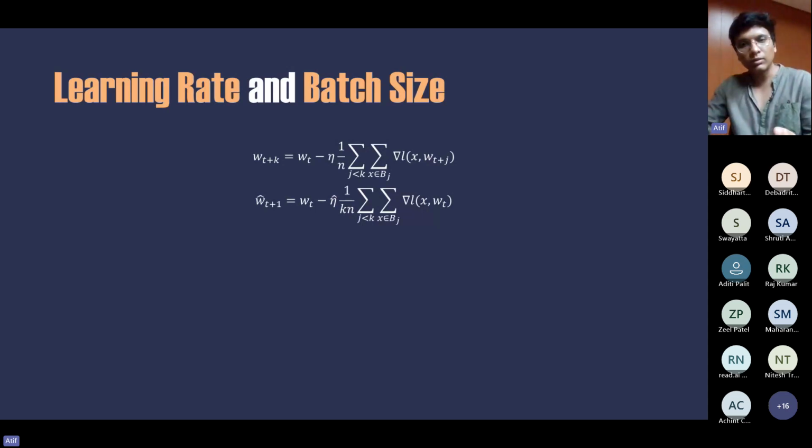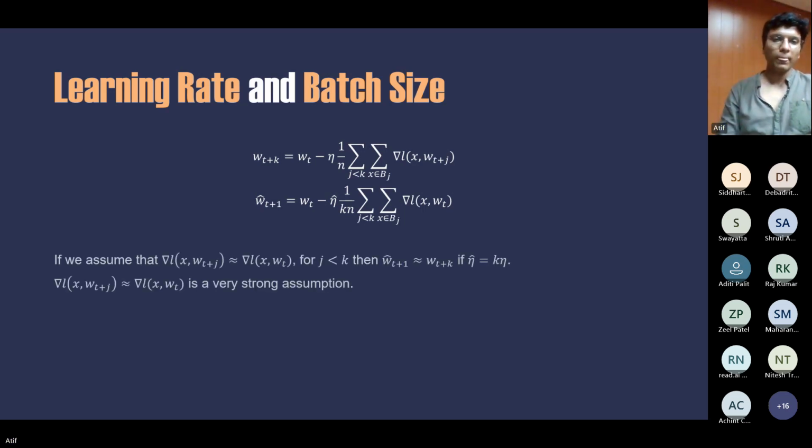And now there are double summation here. Why again? Because I'm saying that, taking a whole batch, instead of 10 examples, I'm taking an entire batch. So whatever gradient you get here can also be broken down and written in this form, a summation over all of the smaller gradients, because you'll be taking average anyway, right, of the entire data. So I can also write it as a summation. So that's what is happening here.